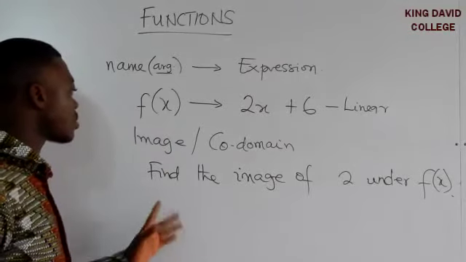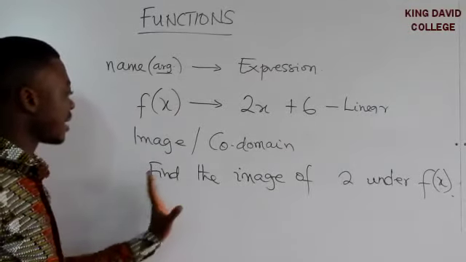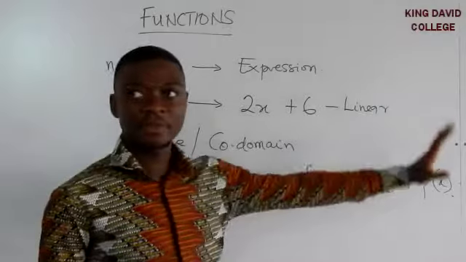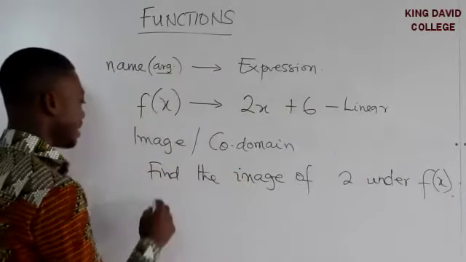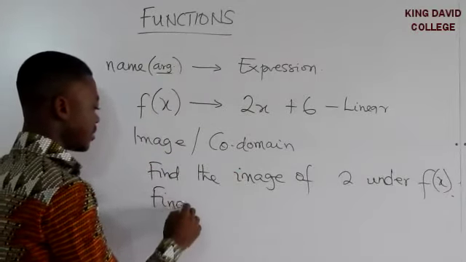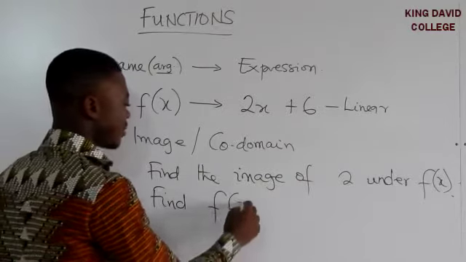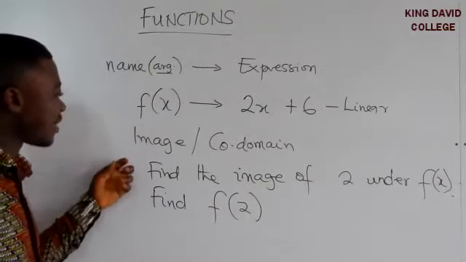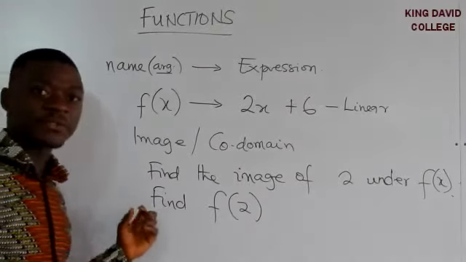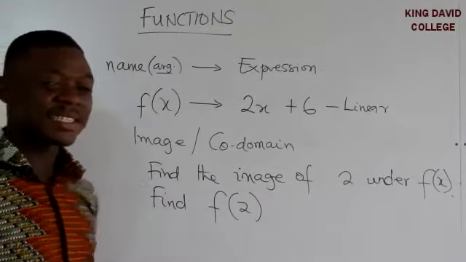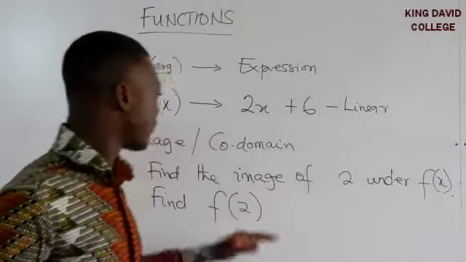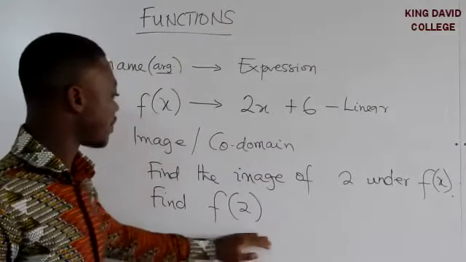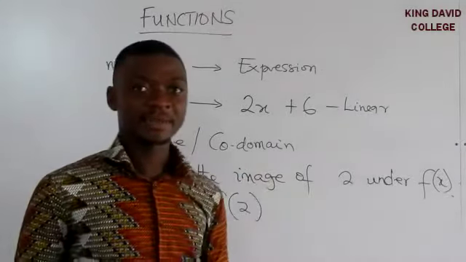Or this question can also be framed this way. You can just be asked to find f of 2. So either you see the question framed this way or this way, it means the same thing. Find the image or f of 2, it means the same thing.